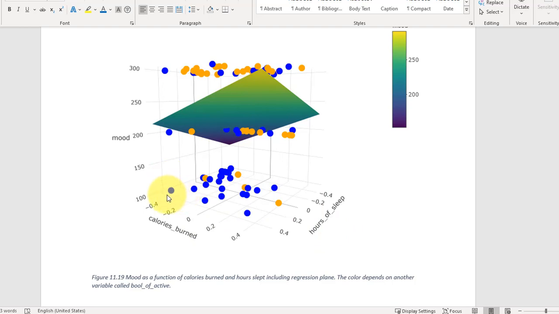We have a way to measure their mood. Now, one thing that's kind of unfortunate about this data set is that there are only 3 different levels for the mood. You can see all the dots are up here, here, or here. So there are only 3 possible values for the mood: 100, 200, or 300.